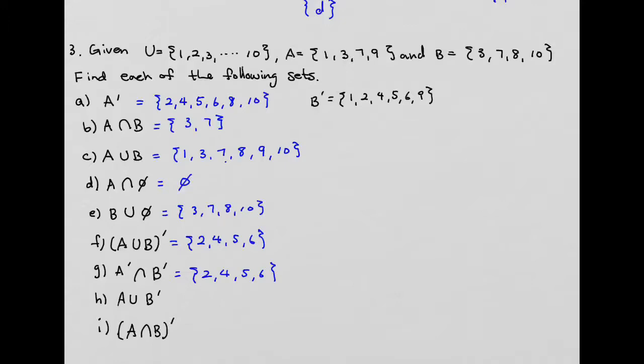And if we're looking at H, we wanted to do A union B not. We have A here, B not here. If we wanted to find the union, just include everything from A and everything from B not. So if I write that, it will be 1, 2, 3, 4, 5, 6, 7, and 9.